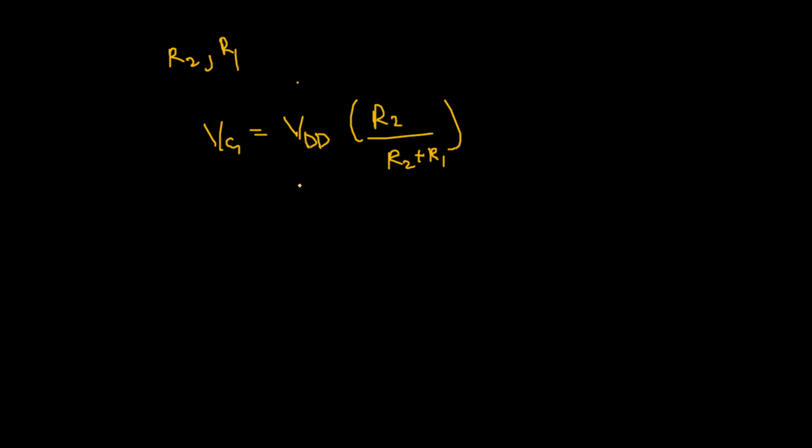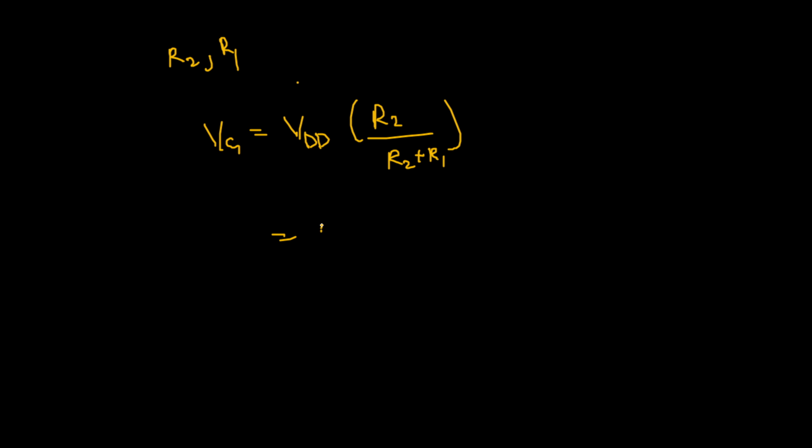So the last thing that we need to find is R2 and R1. So we know that VG is equal to VDD into R2 divided by R2 plus R1. So we found this by using Thevenin's theorem, right? Where we simplified the two resistors on the input side into this form to find gate voltage.